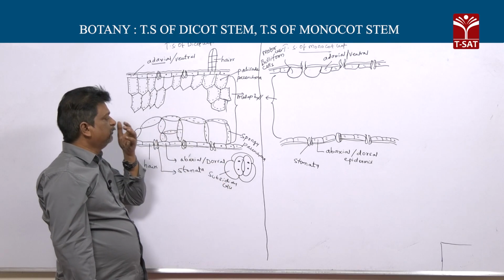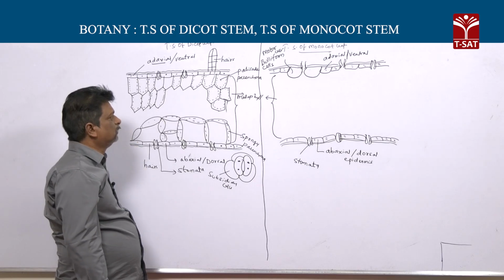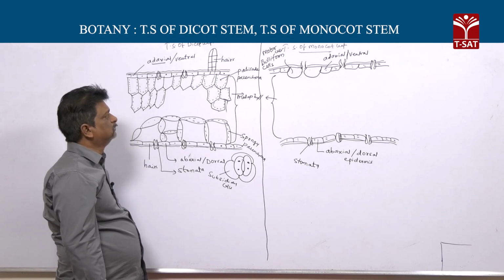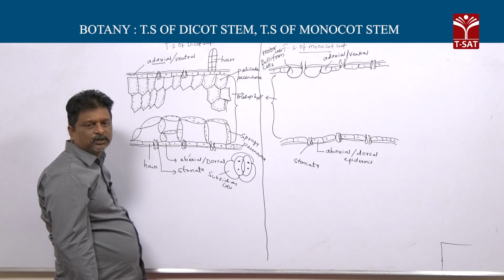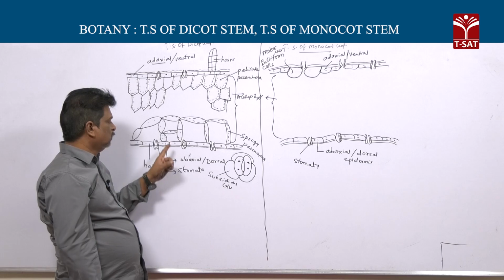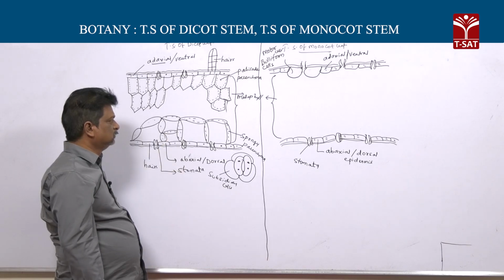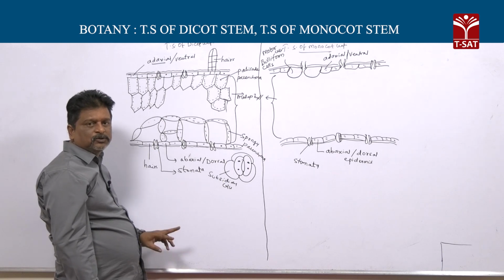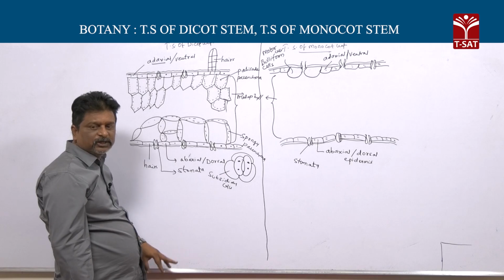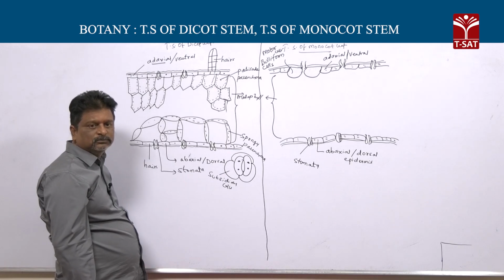So in dicot leaf, the upper side has palisade, which is dark green, and the lower side has sponge, which is light green. So the upper and lower sides are differentiated.